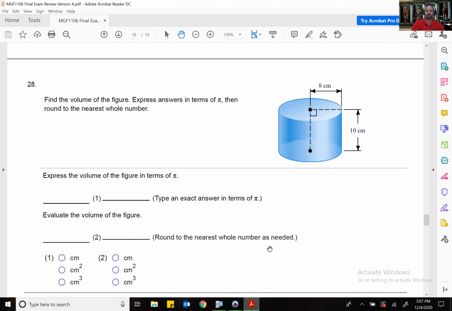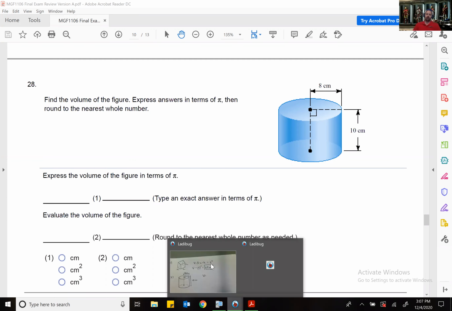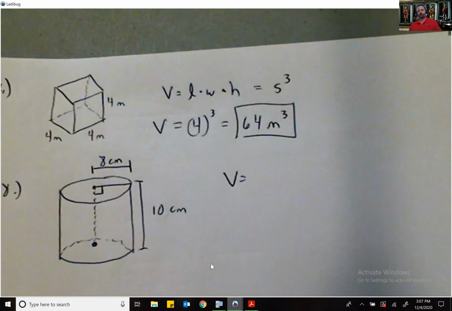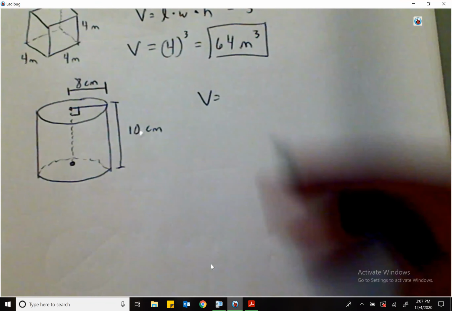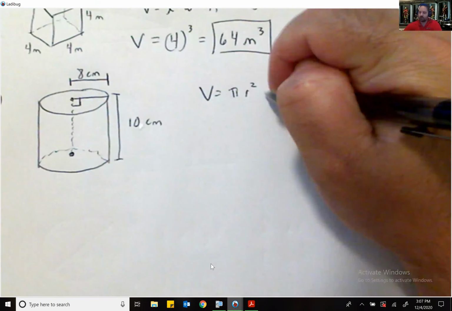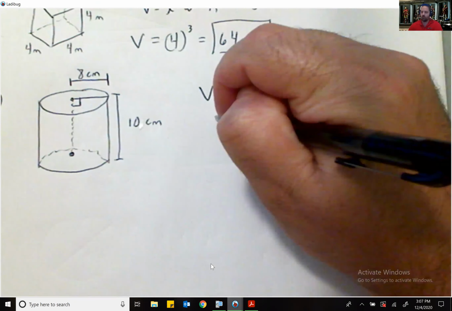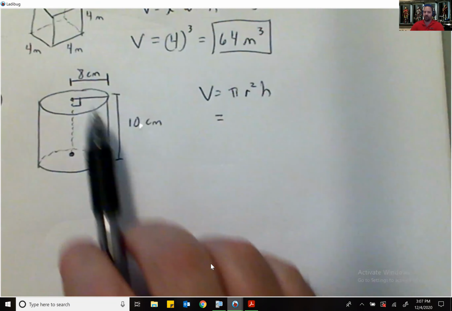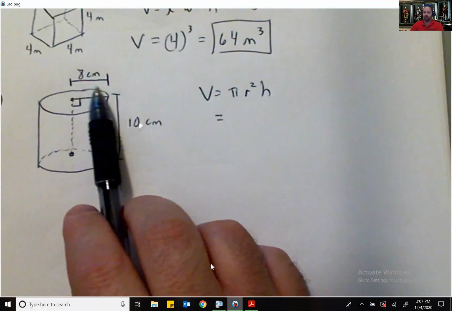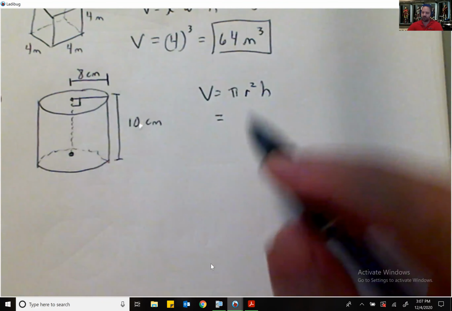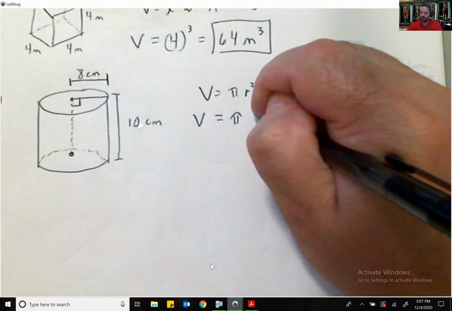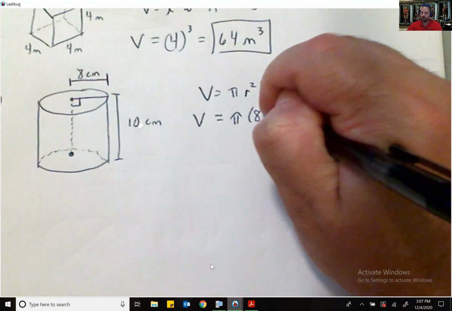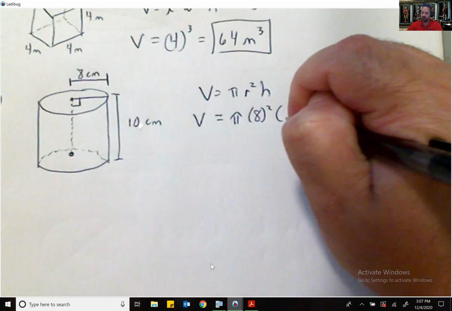So the question is, what is the formula for the volume of a cylinder? Pi radius squared height. You got it. And we've got all the information we need. This is the radius. This is the height. So all this is plug and chug. So pi, our radius is 8 squared. Our height is 10.